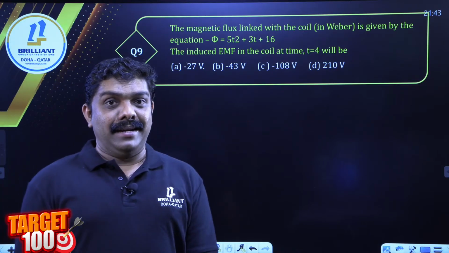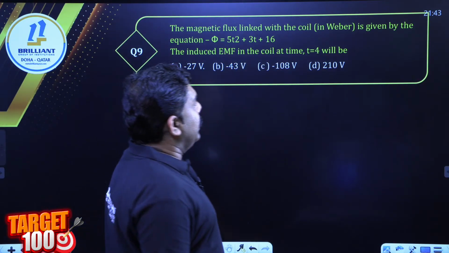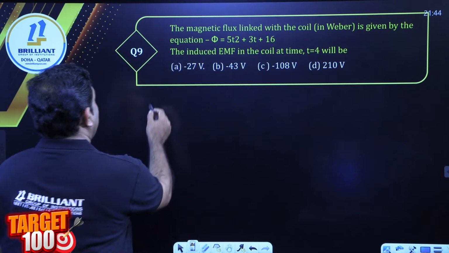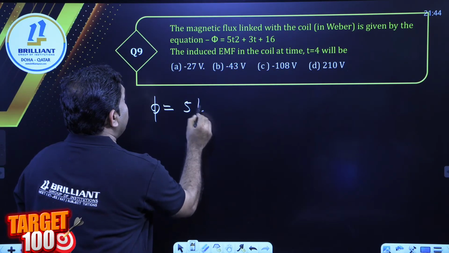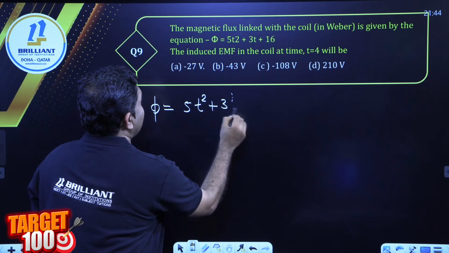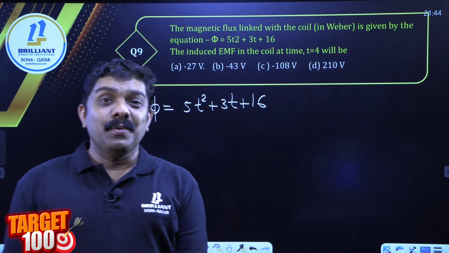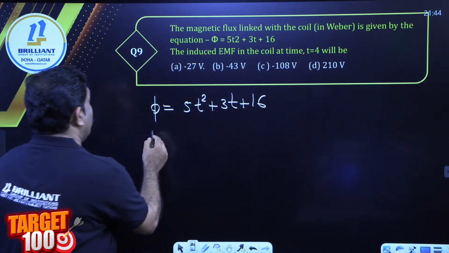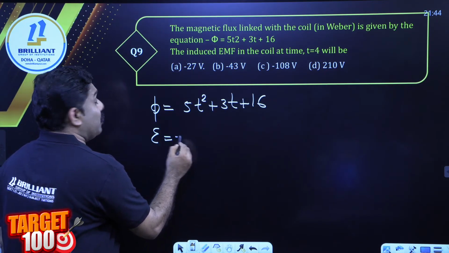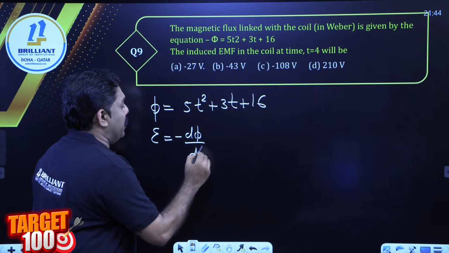What is question 9? Look, the magnetic flux linked with the coil is given by the equation 5t square plus 3t plus 16. They are asking what is the induced EMF. You know the formula for induced EMF, E equals minus d phi by dt, as we already said.